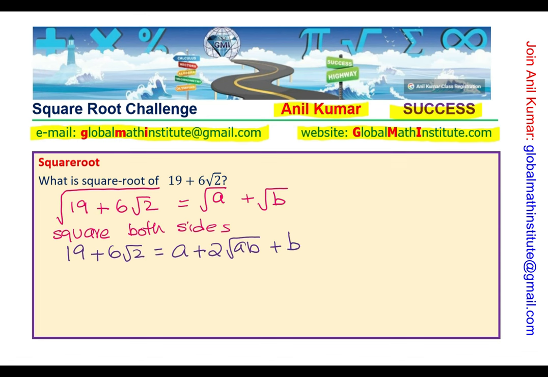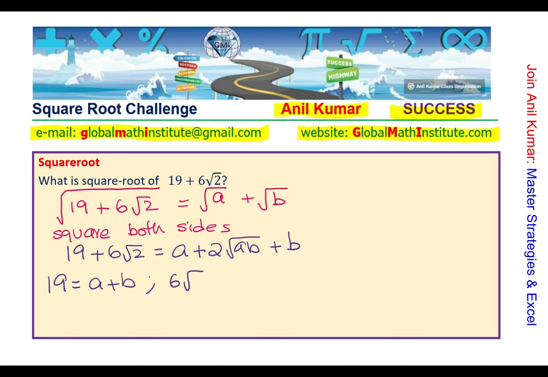Now, once you get this equation, you can equate the irrational numbers with the irrational numbers and the rational numbers with the rational numbers. What I'm trying to say here is that 19 is equal to a plus b, right? And 6 square root 2 should be equal to 2 square root ab. So that gives you two different equations.